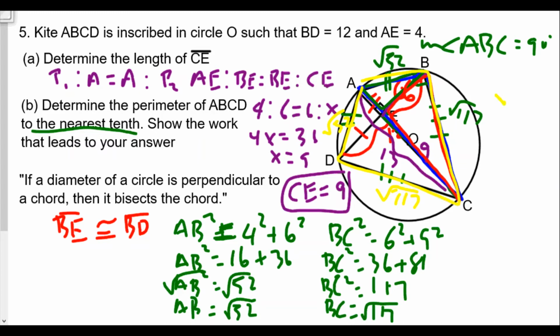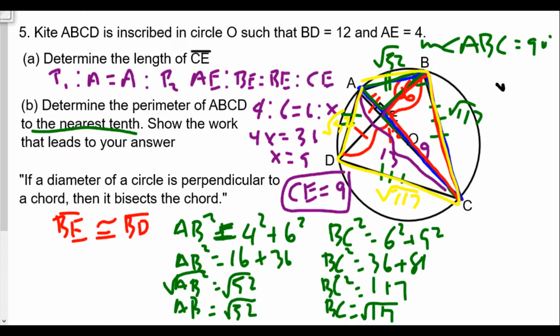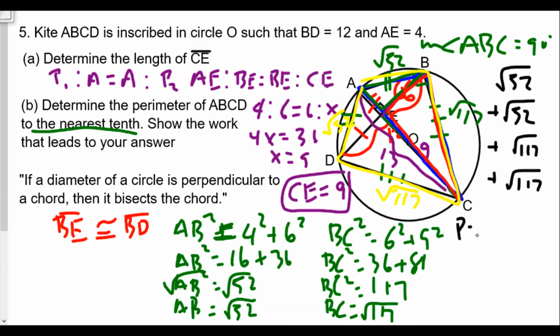We're going to take a calculator. I'm going to actually use black in this case. So the square root of 52 plus the square root of 52 plus the square root of 117 plus the square root of 117. Now I'm going to rewrite this. The perimeter equals 2 square root of 52 plus 2 square root of 117.